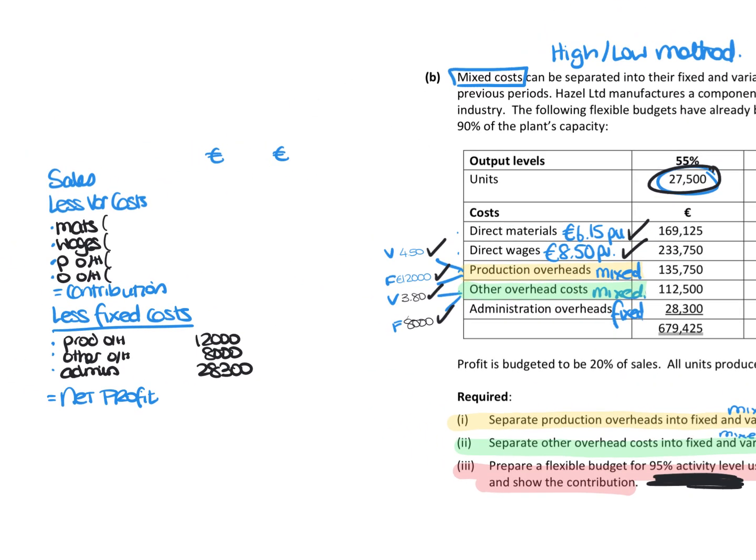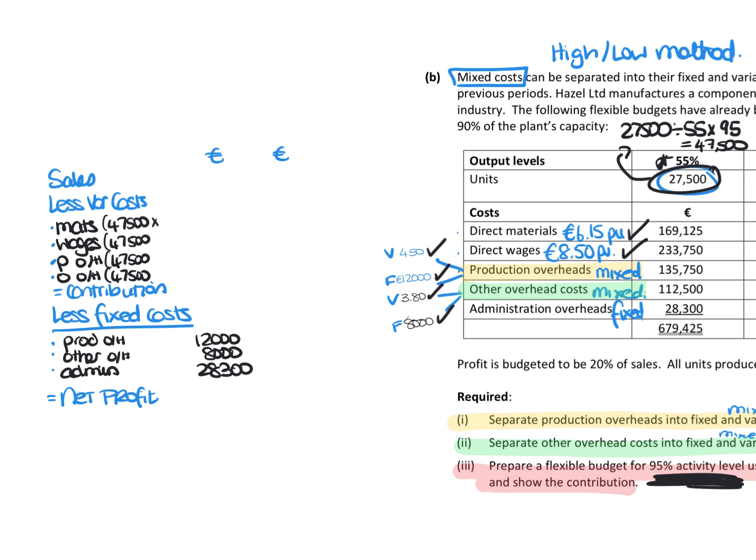So if I just take 27.5, divide that by 55, which we have here, and then multiply that by 95%, we're going to get 47,500 units. So 47,500 units is what they want in this particular flexible budget.